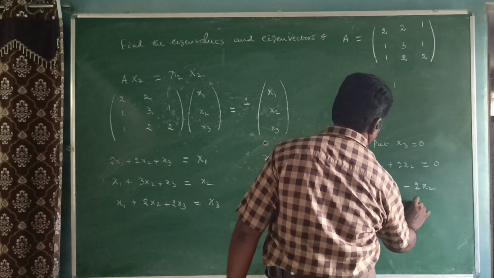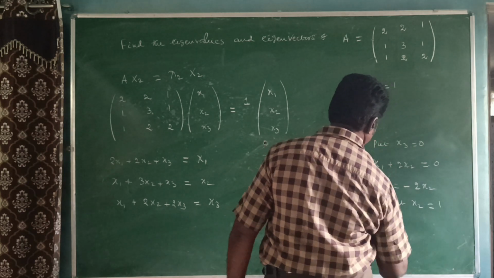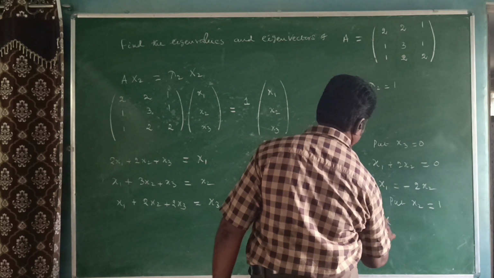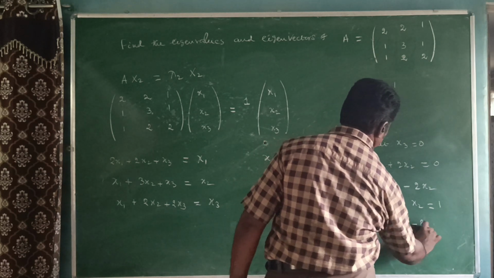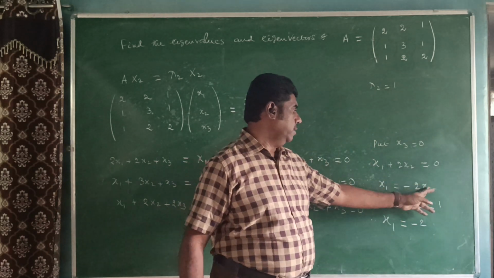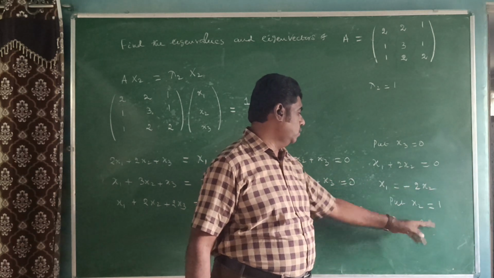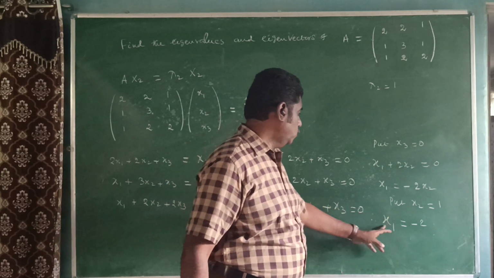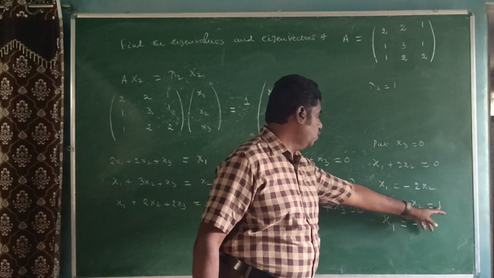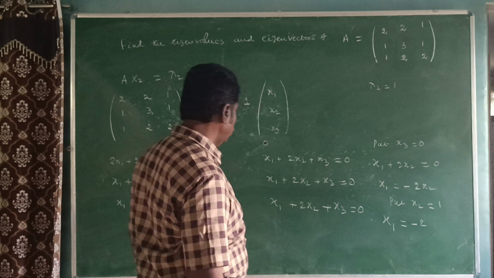Put x2 equal to 1. Therefore, x1 equal to minus 2. If you put x2 equal to 1, x1 equal to minus 2x2, therefore x1 is equal to minus 2. So x1 equal to minus 2, x2 equal to 1, x3 equal to 0.